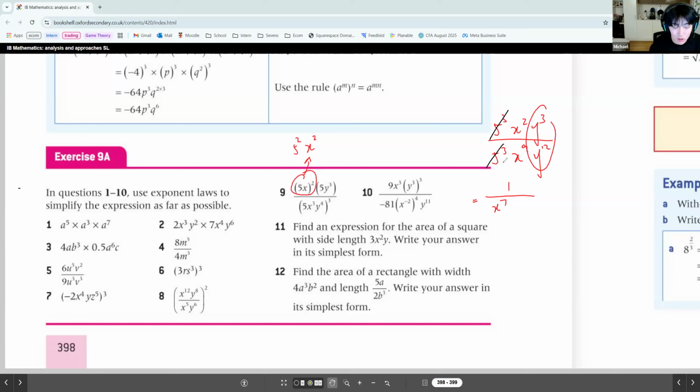And this is the same thing. 3 minus 12 is -9, or we can have 9 on the bottom. So in other words, we can also write this as x^-7, y^-9. Both answers are fine. Does that make sense?